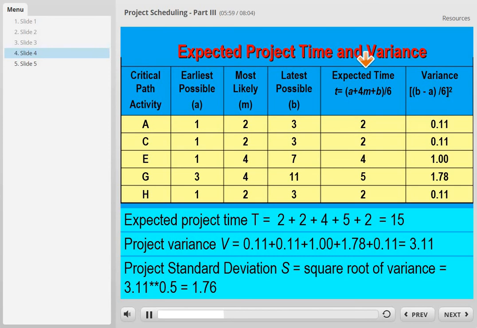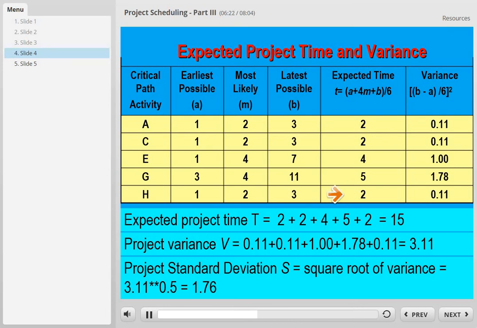So we have the expected time for activity A equals 2, for C equals 2, for E equals 4, for G equals 5, for H equals 2.